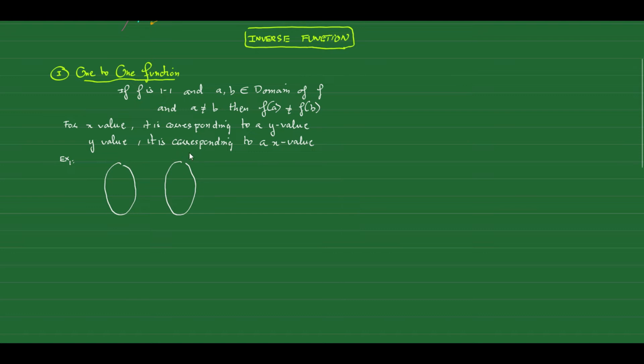This is the domain, the set of inputs, and this is the range, the outputs. In this image I have 1, 2, 3, 4, and over here I have 6, 8, 9, and 10.